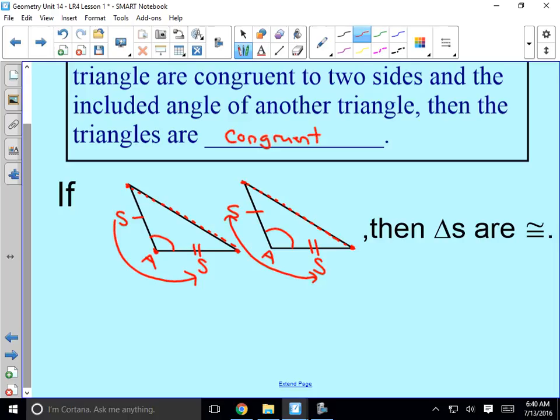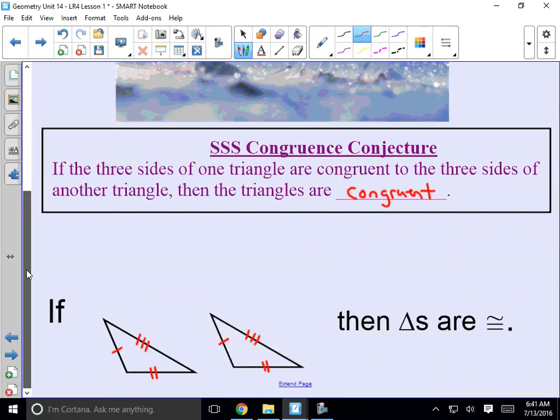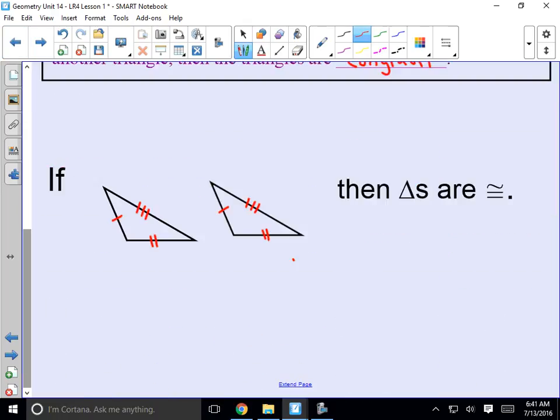We can go clockwise, we can go counterclockwise, but what we're doing is we're finding those pairs that we know about, and then we're working our way around the triangle, and that gives us the naming of the type of congruence. So if I go back and look at this one here, side-side-side congruence.